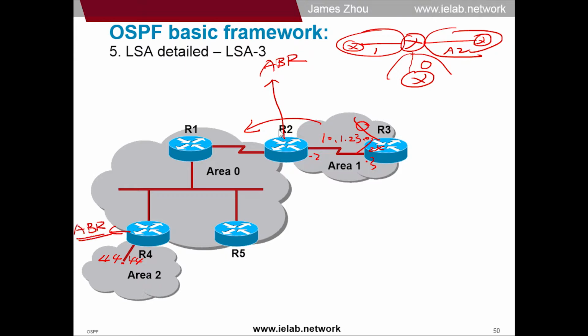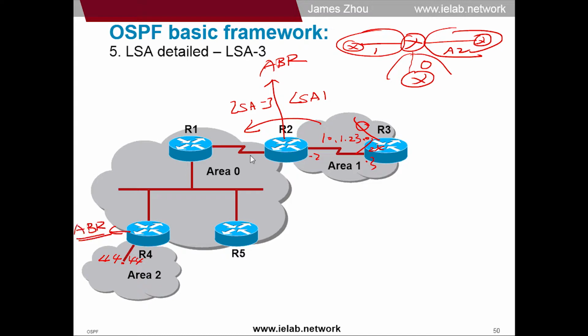So R2 will generate LSA 3. In area 1 it is LSA 1, and in area 0 it is LSA 3. So R2 will generate LSA 3 into area 0.